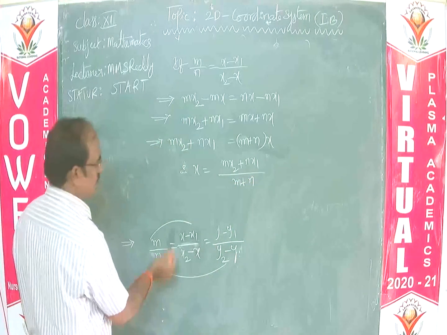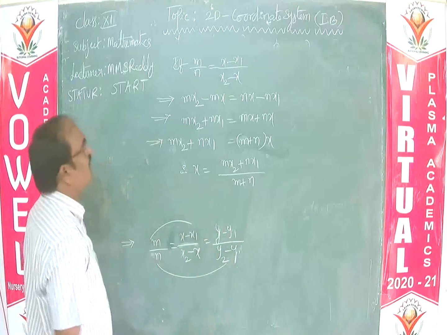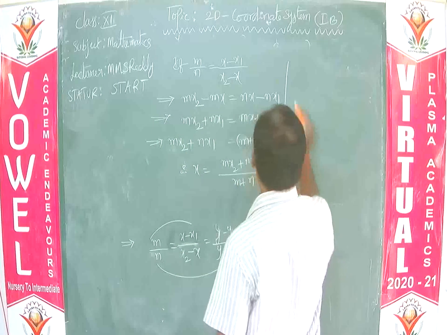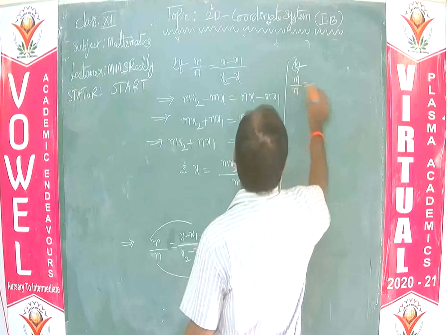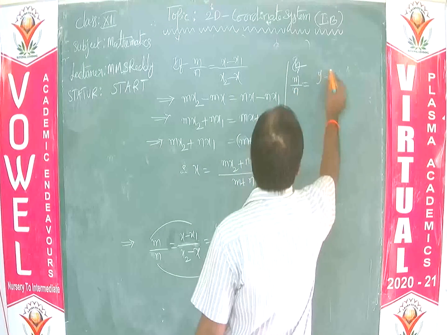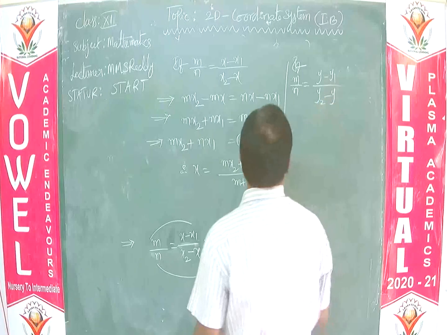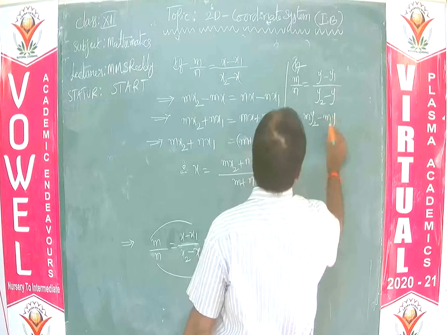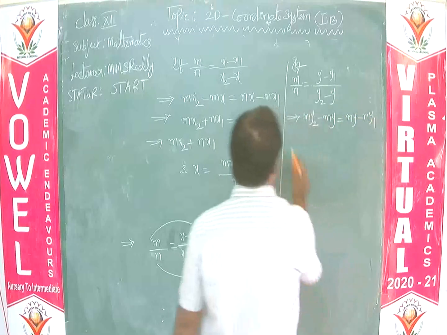Similarly, if we equate m/n is equal to (y minus y1) by (y2 minus y), implies my2 minus my equals ny minus ny1.